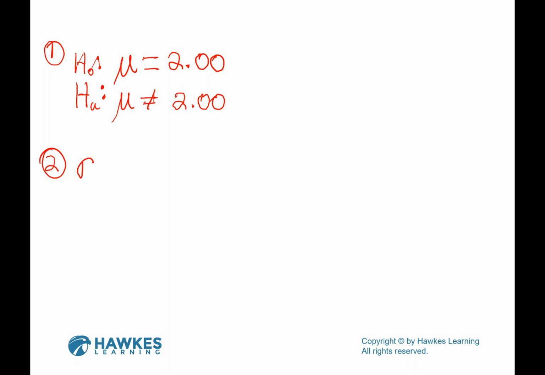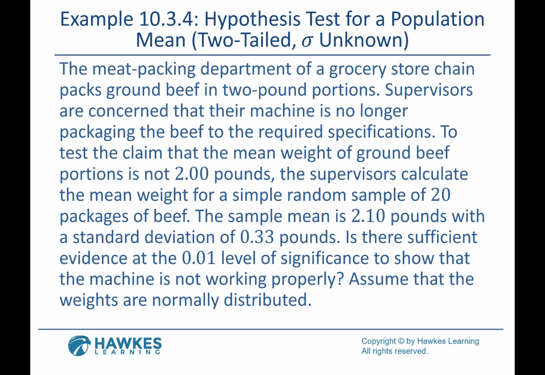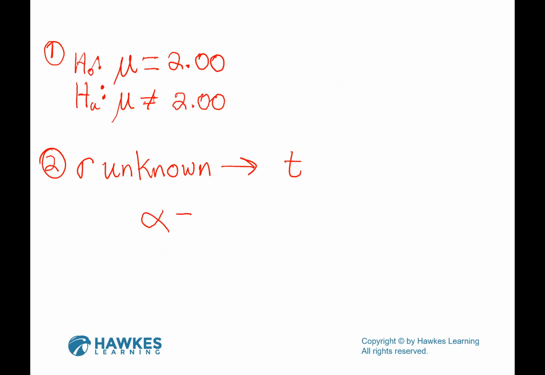The main thing is sigma is unknown, just like the others, so we're going to use t. And for alpha, our significance level, we want to know is there sufficient evidence at the 0.01 level. So alpha this time will be 0.01.